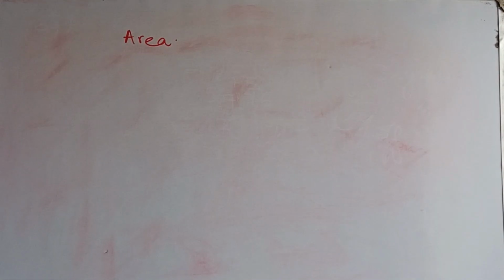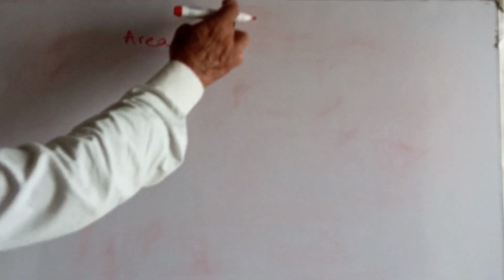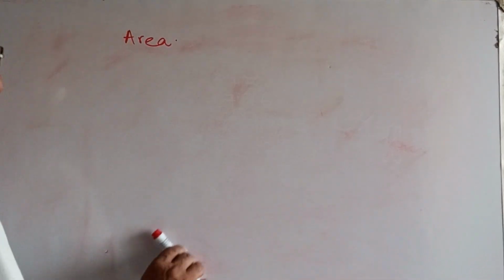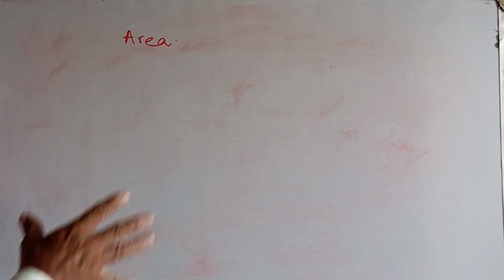You see that there is a length in this board, there is a breadth or width in this board, but the area is what I am writing upon. This is the area on which I am writing.